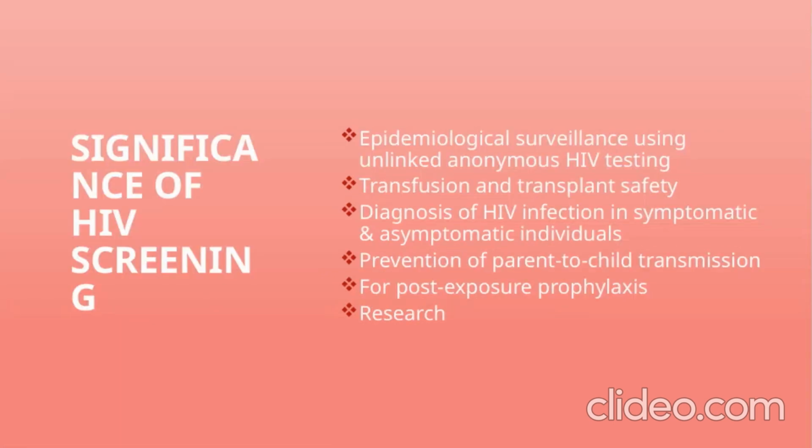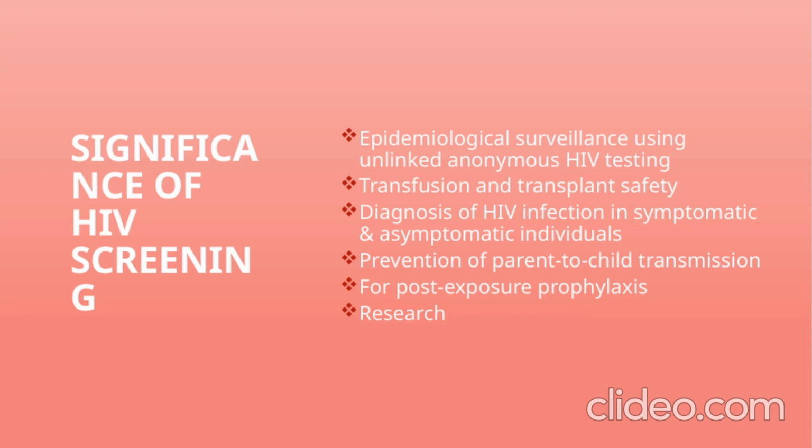Let's take a closer look at some of the key methods and reasons behind HIV screening. First, epidemiological surveillance through unlinked anonymous HIV testing allows us to monitor the spread of the virus in populations without identifying individuals. This helps us gather critical data to inform public health strategies.